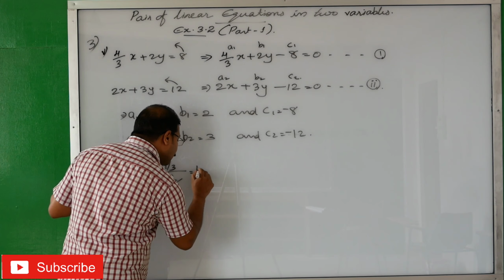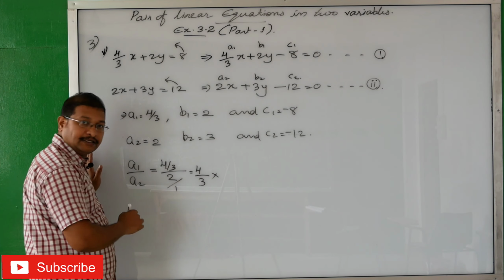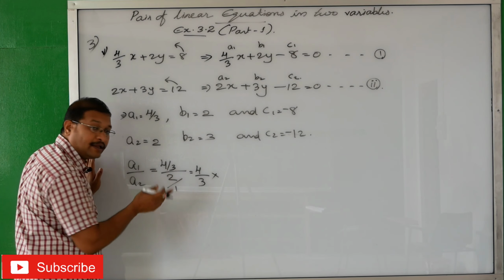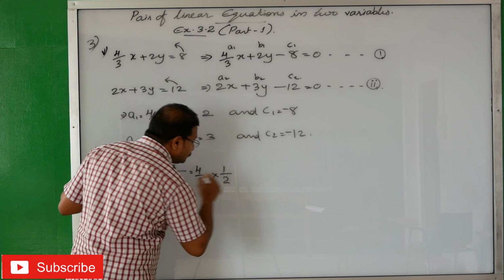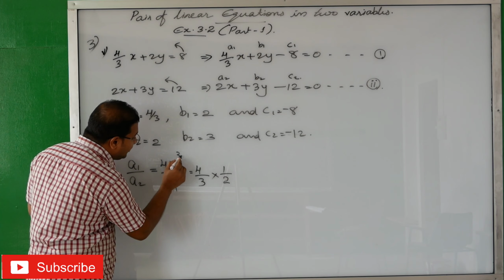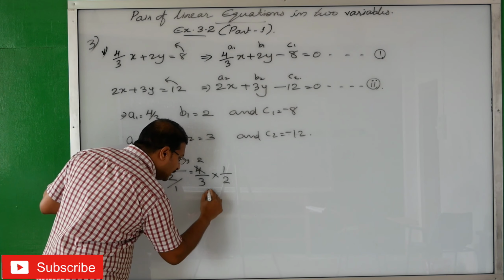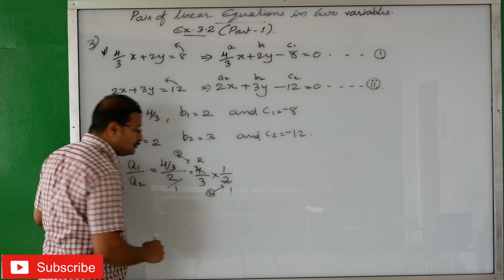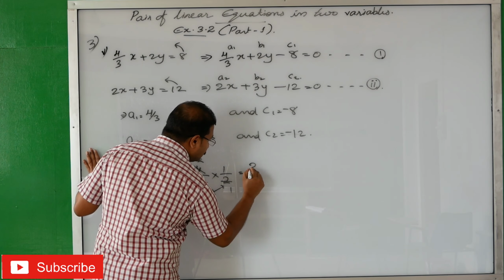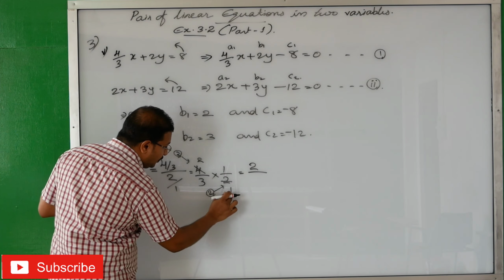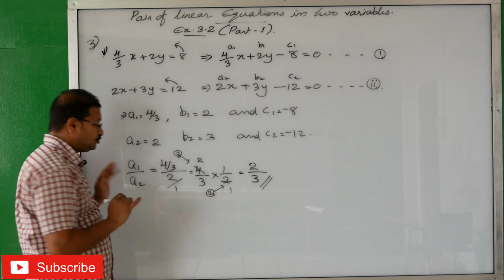This division, if I convert into multiplication, we write the inverse, 1 by 2. Now we will cancel by 2. 2 2s are 4, and when you cancel here by 2, 2 1s are 2. Divide by 3 into 1, 3. So we got 2 by 3.